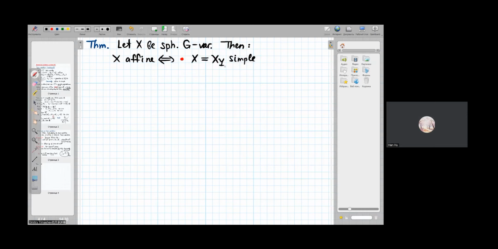So Y is the closed orbit in X. This is the first condition. The other conditions say that the colored cone of X, of this closed orbit, if you like, has a special form. This means exactly the following.